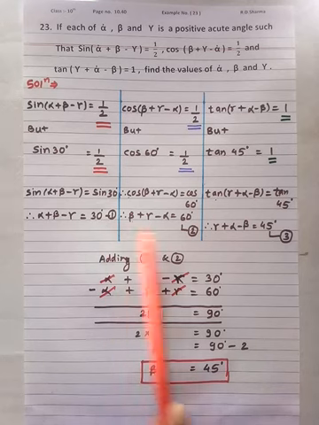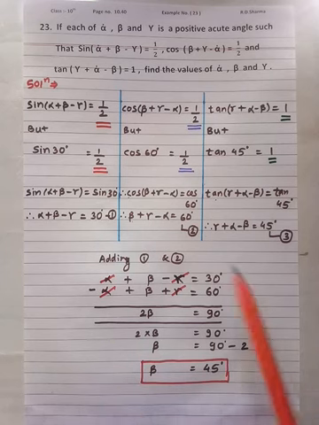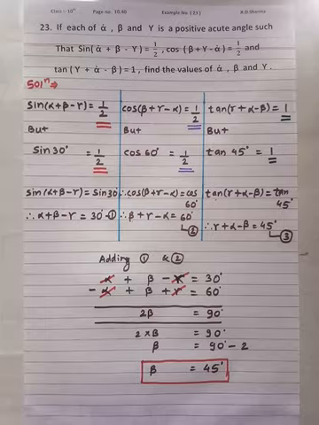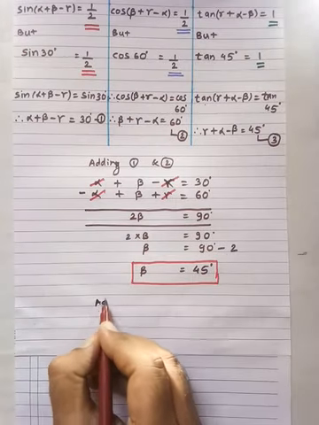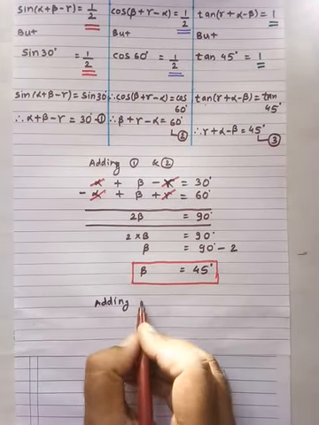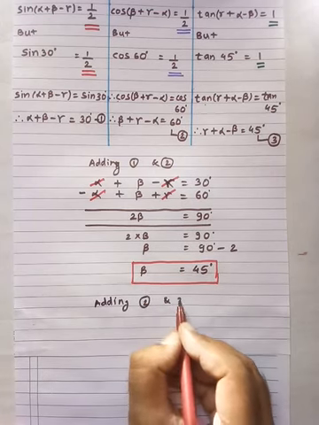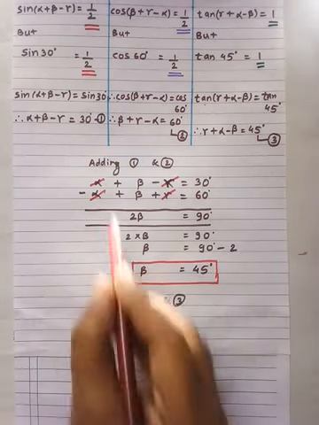Earlier we did the addition between 1 and 2. Now adding equation number 2 and equation number 3. What is equation number 2?